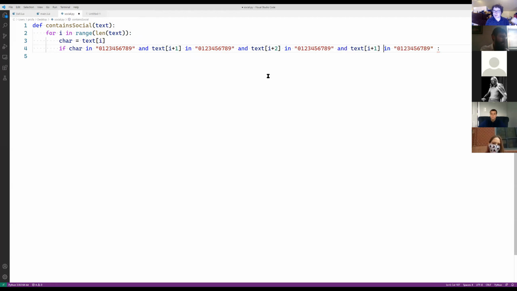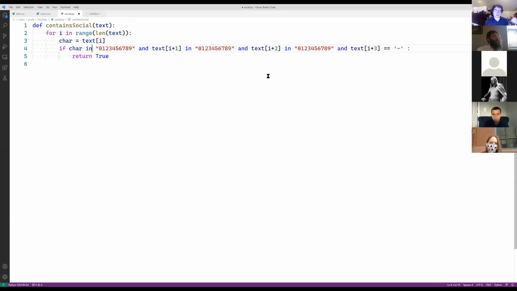And text plus 3, so 3 characters after the beginning, that should be a dash, right? So let's think about it. I'm not done with it, but I'm just going to end right here because you'll get the point.